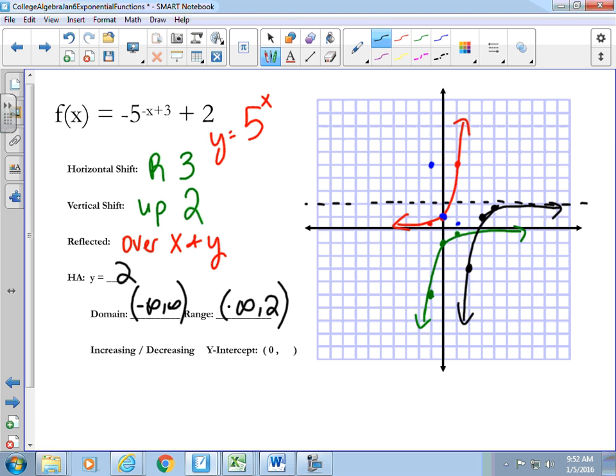Is this graph increasing or decreasing? Increasing. It's going up to the right. So increasing. And the y-intercept. I have no idea. So how will I find the y-intercept? Good. Plug 0 in for x. I get negative 5, and type it in. Negative 5 cubed plus 2. 5 cubed is 125.